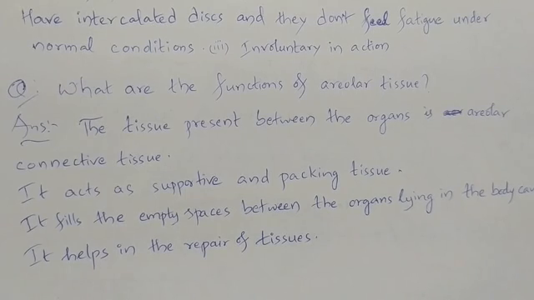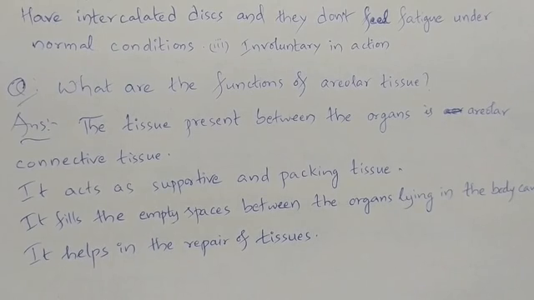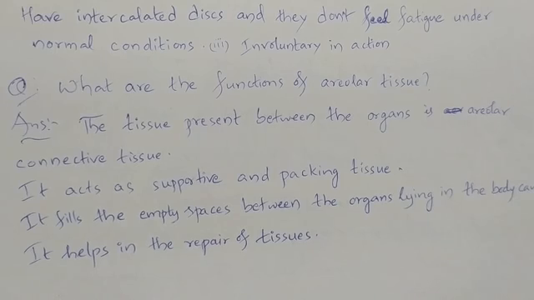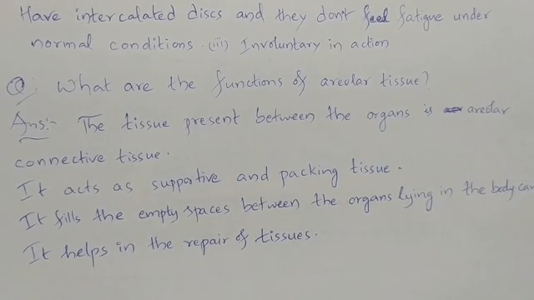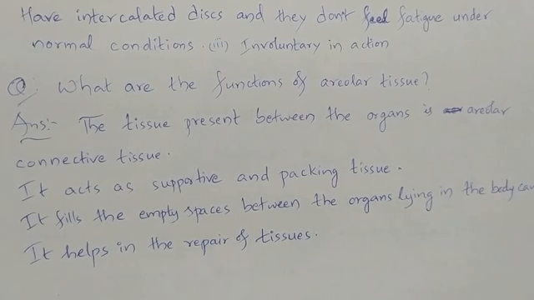It acts as a supportive and packing tissue. It fills the empty spaces between the organs which are lying in the body cavity. And it helps in the repair of tissues. So, it is a supportive and packing tissue, fills the empty spaces between the organs lying in the body cavity, and helps in the repair of tissues.